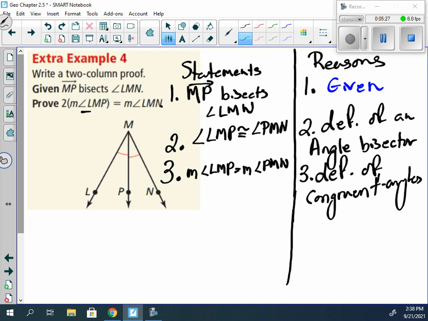So have we talked about LMP already in this proof? Well, yeah, it's shown up several places. Have we talked about or defined what LMN is? So it is being bisected, yes? What is the angle itself? Have we defined it at all? Can I define it? Well, what can we say about the measure of angle LMN?